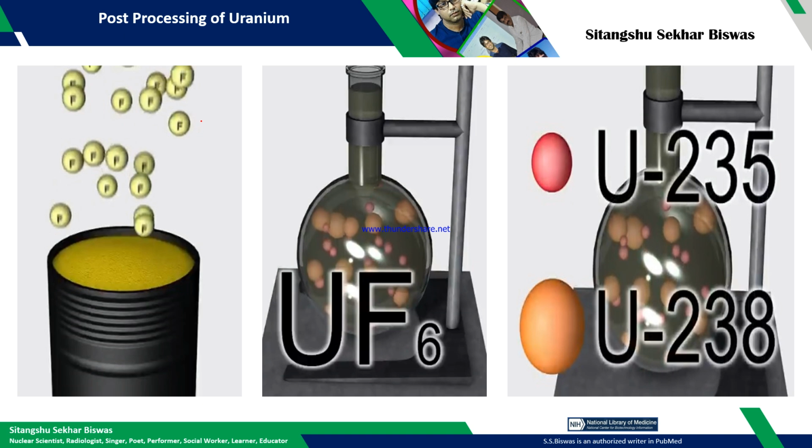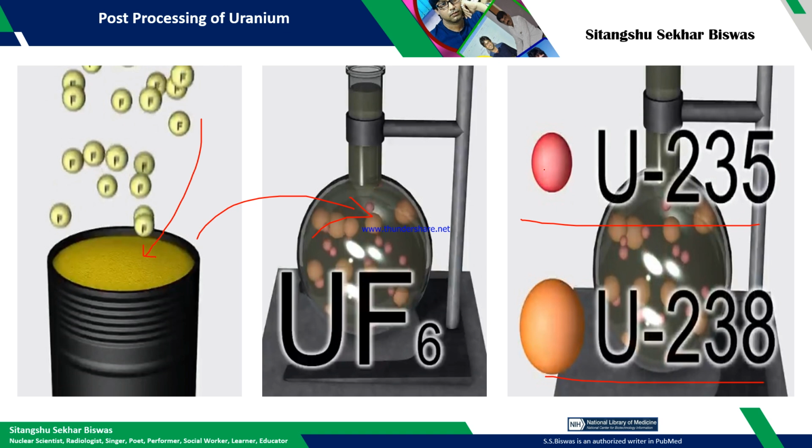Then fluorination is done on the yellow cake, converting it to uranium hexafluoride gas. The uranium hexafluoride contains two molecules: uranium-235 hexafluoride and uranium-238 hexafluoride.